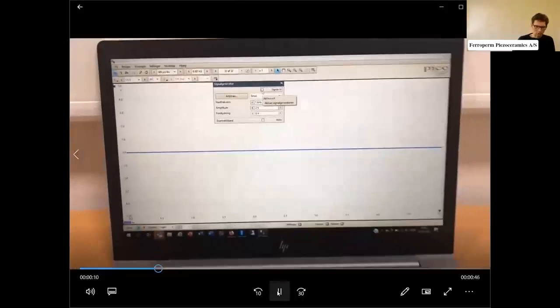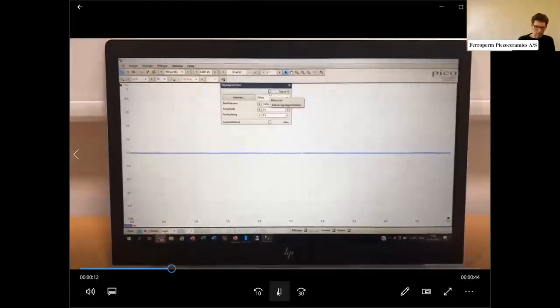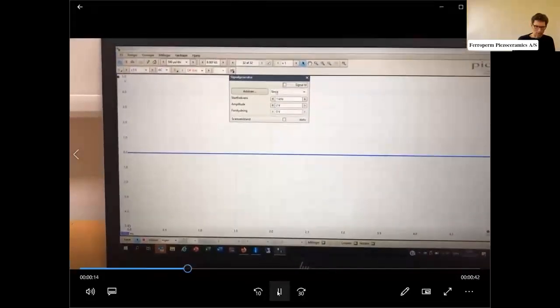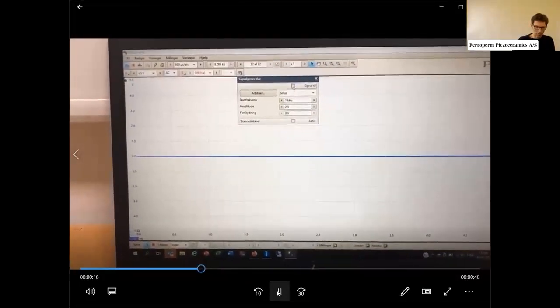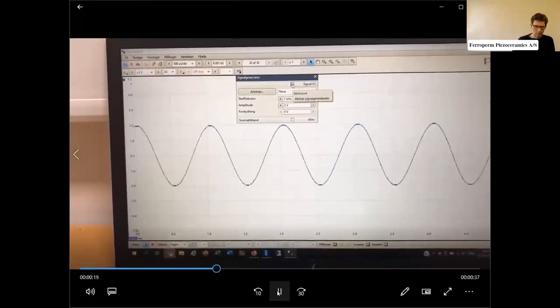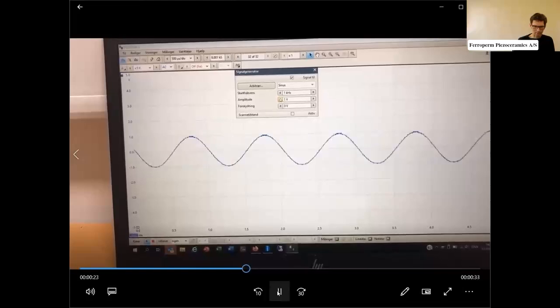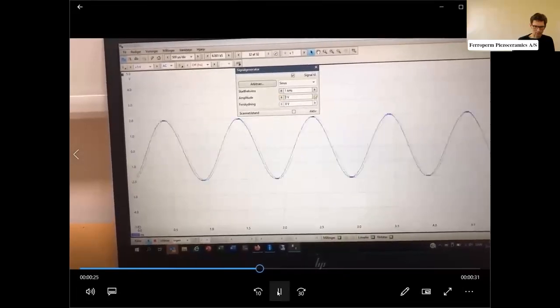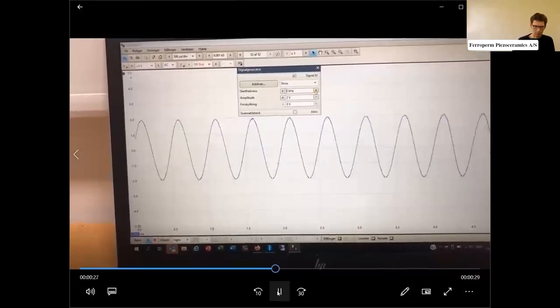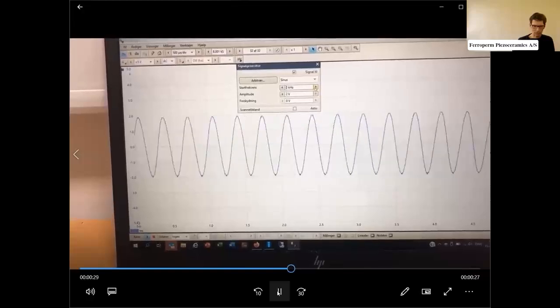So 1 kilohertz. And now I start the sound. I think you hear a weak signal. Turn up the amplitude and change the frequency.